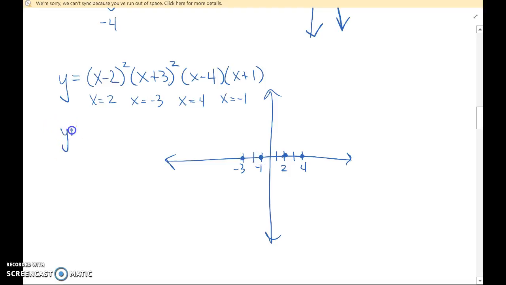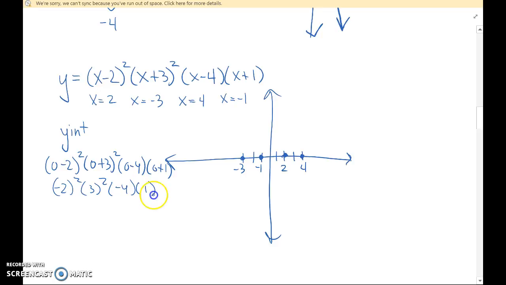And then our y-intercept. And so plug a 0 in for all your x's. And so if we simplify this, we have -2 squared times 3 squared times -4 times 1.